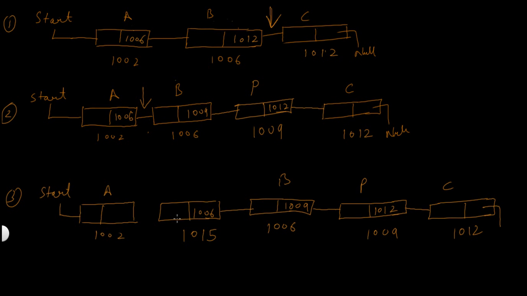So both these nodes will be linked, and the link part of node A should now store the address of its next node, which is the new node we just created, and its address is 1015. So both these nodes will be linked. So this is how insertion before a given node and insertion after a given node works, and this is called insertion between nodes, because a node is always added between two nodes.